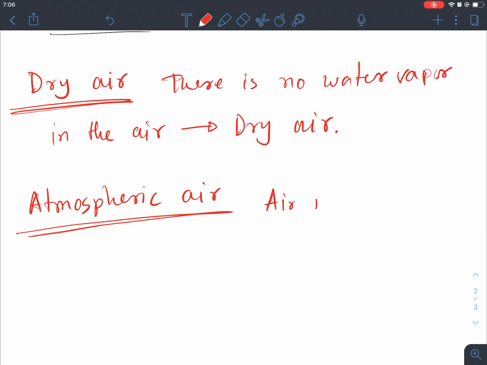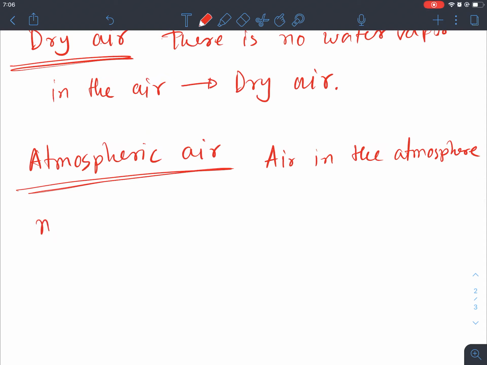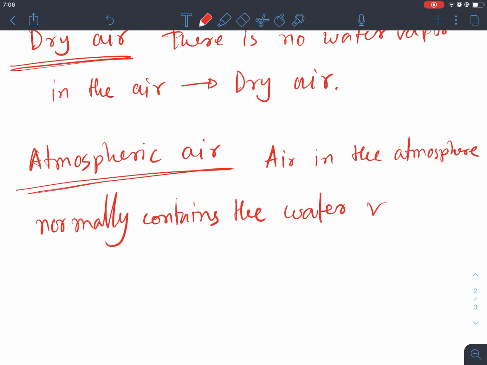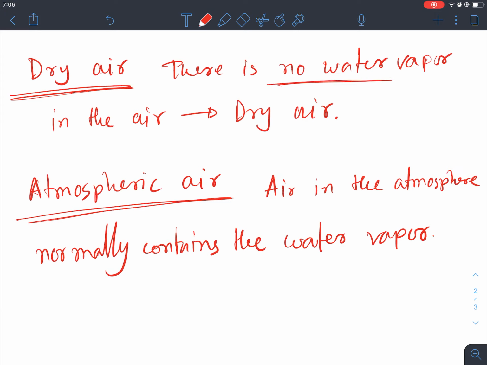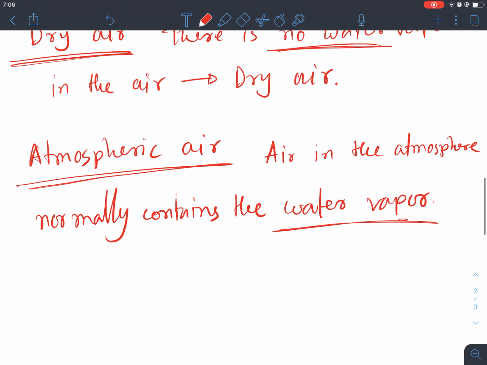The air in the atmosphere normally contains the water vapor, right? So basically it is referred to as the atmospheric air. Dry air means that there is no water, right? In the atmospheric air there is a mixture of water vapor.